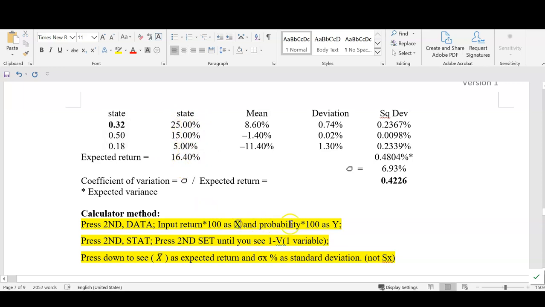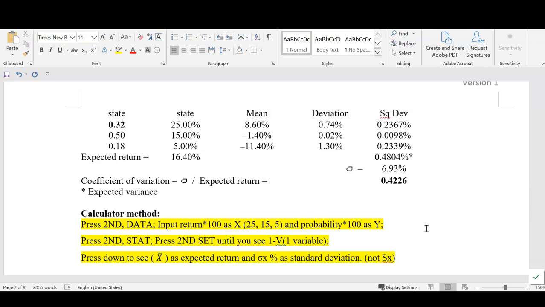For y, we input probability multiplied by 100. In this question, we have 0.32, 0.5, 0.18 as our probabilities, so we input 32, 50, and 18 as y1, y2, and y3.